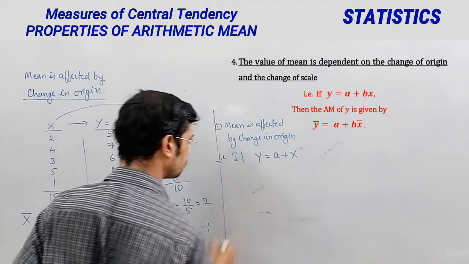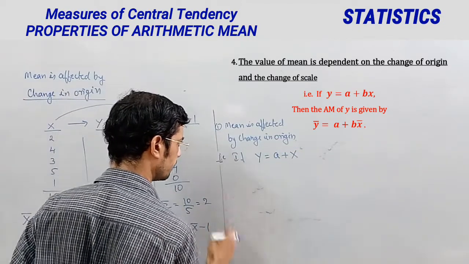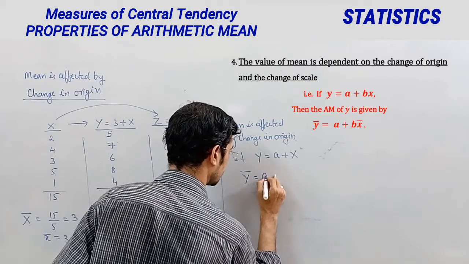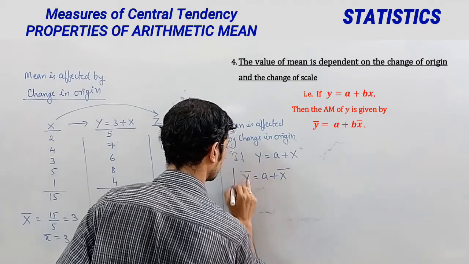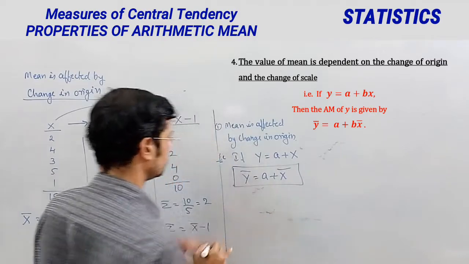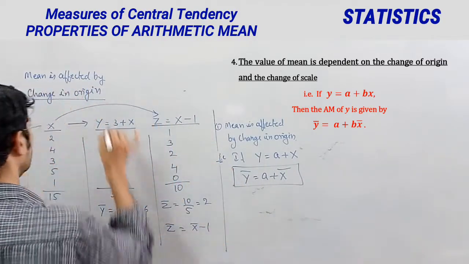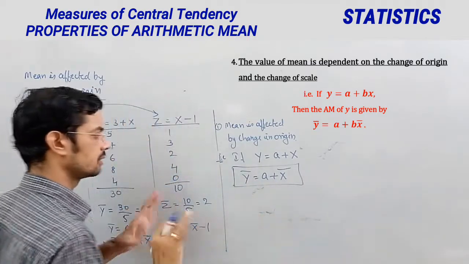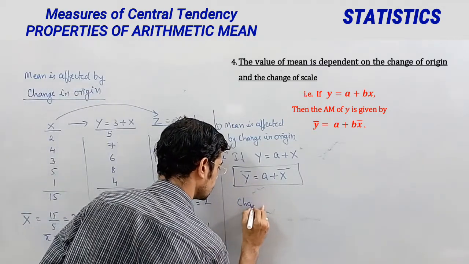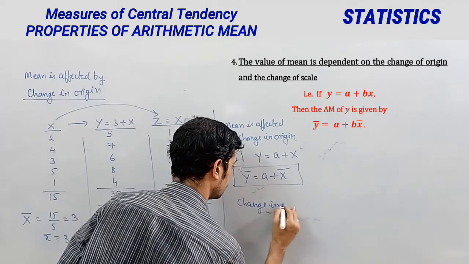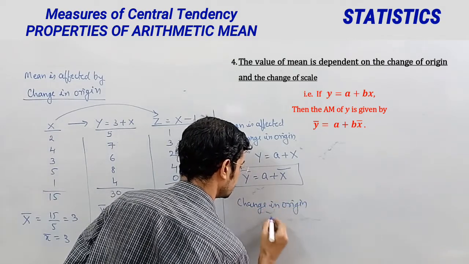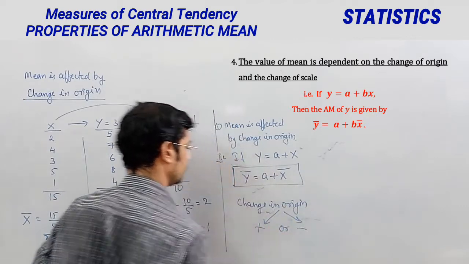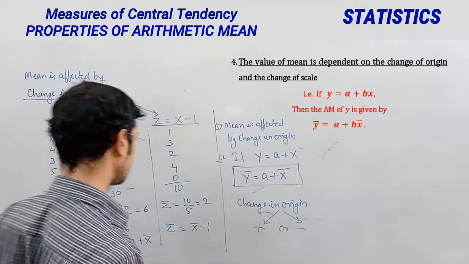If y is obtained from x in this way, then y bar will be nothing else but a plus x bar. This is very important. This is known as change in origin. Change in origin means either addition or subtraction to the actual values.